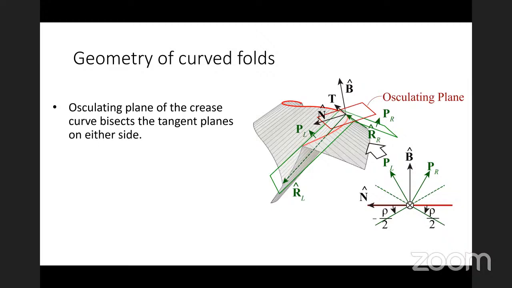The most important geometry property of a curve fold is that the osculating plane, shown here in red, of the crease curve bisects the tangent planes on either side. These two orange planes are the tangent planes on either side. They have the same angle with the osculating plane.